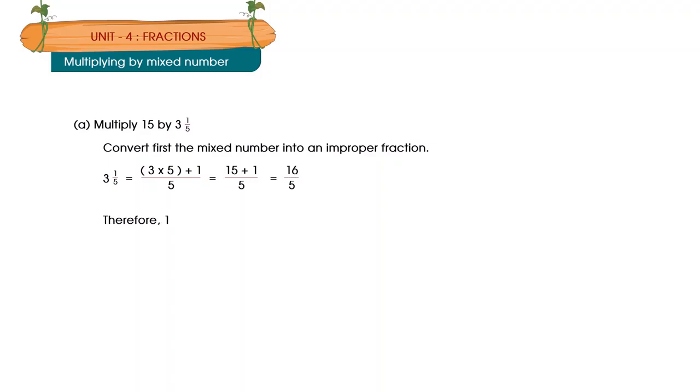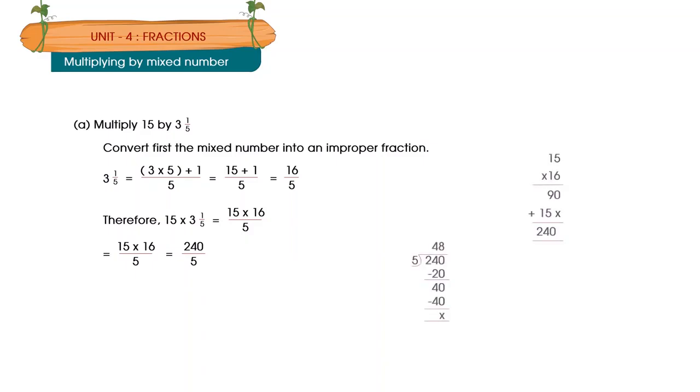Therefore, 15 × 3 1/5 = 15 × 16/5 = 240/5 = 48, dividing 240 by 5.